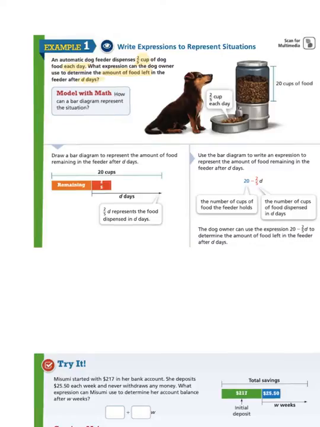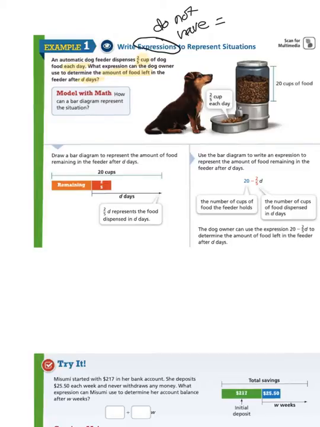So now we need to take this information and put it into an algebraic expression. Remember, algebraic expressions do not have an equal sign. That's the only difference from an equation: an expression does not have an equal sign.